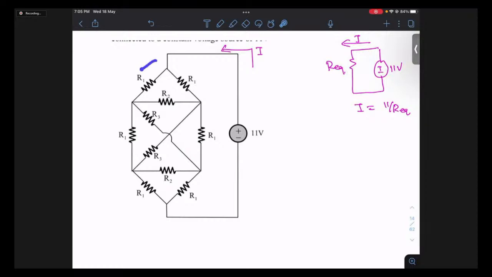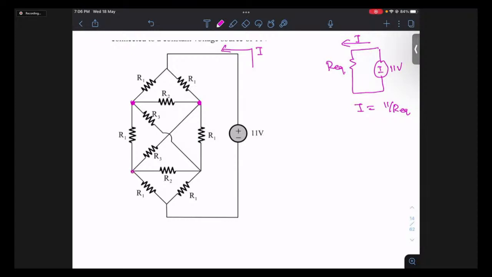Because this path, if I observe, is R1 followed by R2, R3, R1. This path, if I follow, is R1 followed by R2, R3, R1. So yes, these two paths are identical. If these are identical paths, it makes sense that this point and this point are equipotential points.